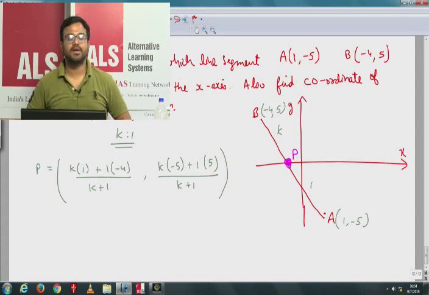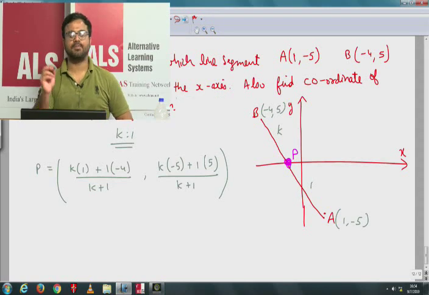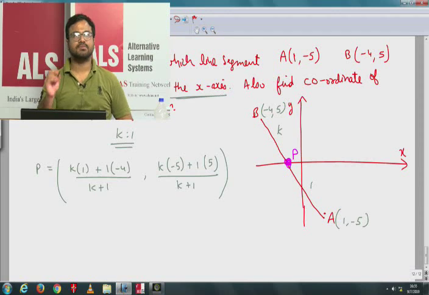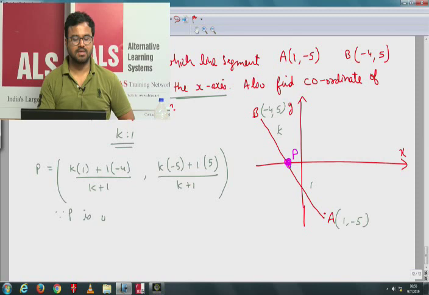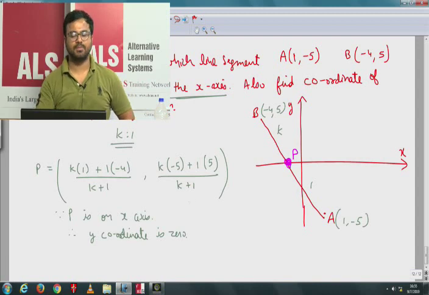Now how can we find the value for k? The hint over here is divided by the x-axis. Since point P is lying on the x-axis, its y coordinate is 0. So you just equate this y coordinate of point P to 0.